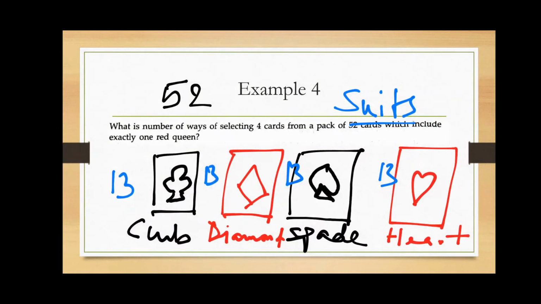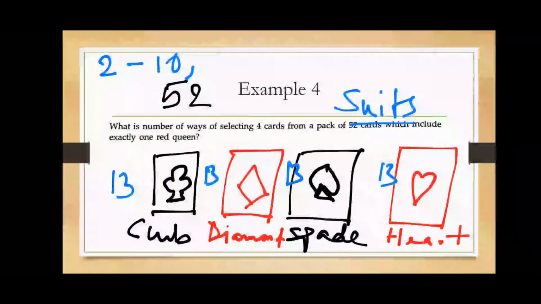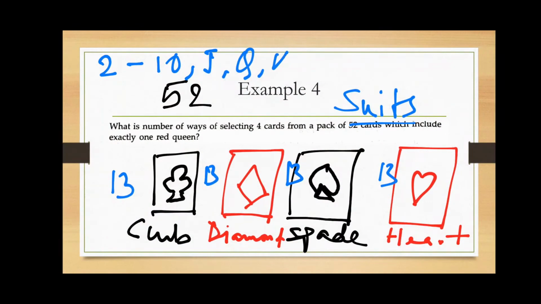Each of these suits has 13 cards, and the cards are numbered starting from 2 to 10. These are numbered cards. And then there are picture cards, or face cards as they are called. They have something printed on them, some faces. They are basically Jack, the Queen, and the King, and finally Ace.